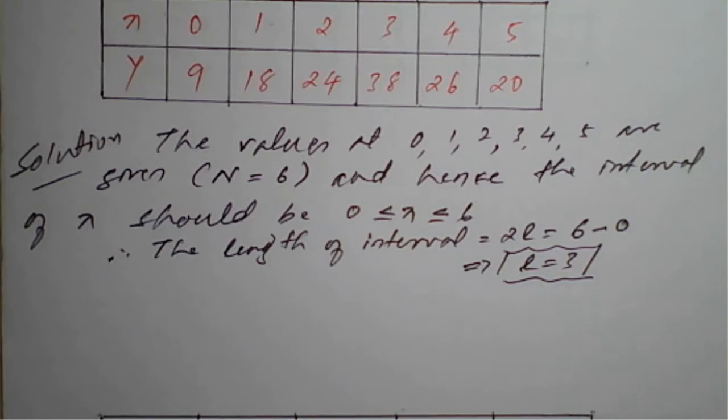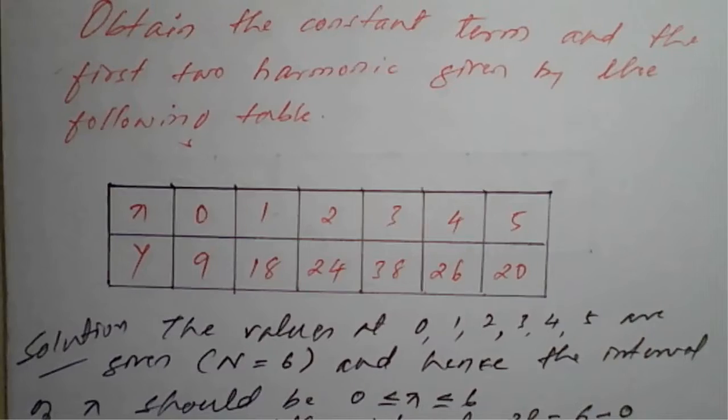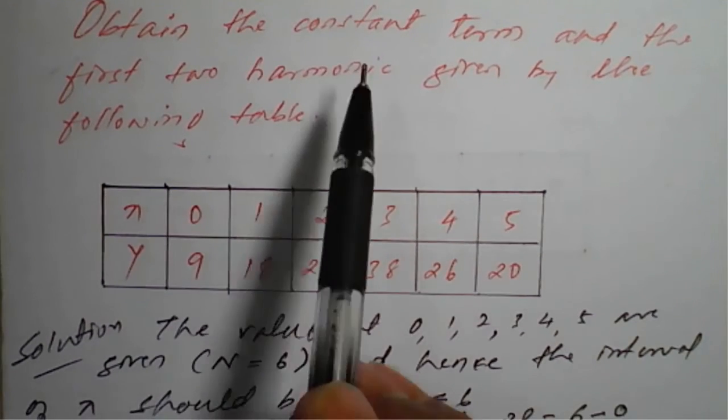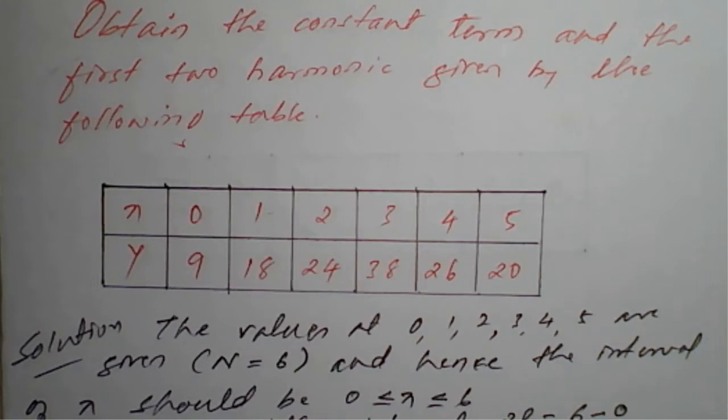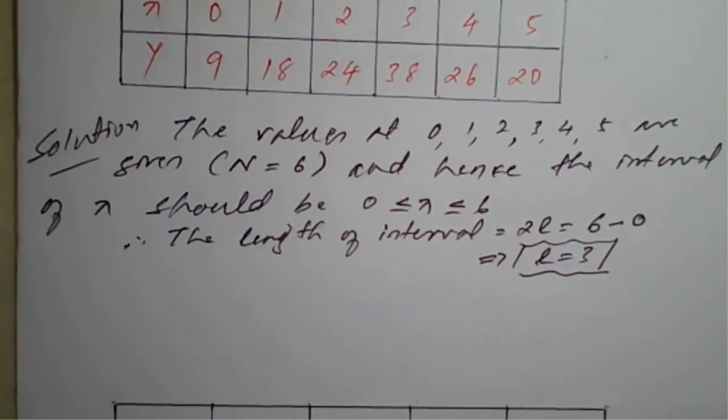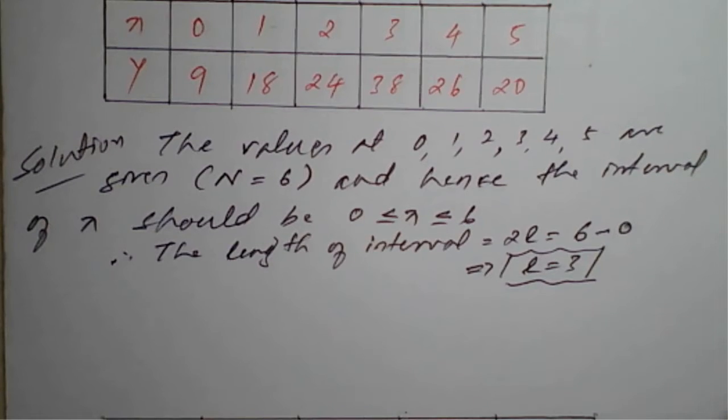As per the given question, we have to find the constant term and the first two harmonics. What do we mean by the first two harmonics? We need to state the formula.